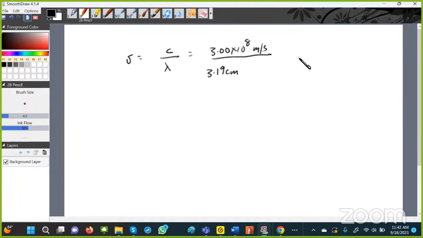If you go to the same table I showed you, centi is the same thing as 0.01, I'm sorry, not 0.1. So centi would be 0.01 meters. So you're going to put 1 centimeter down here because you want the centimeter units to cancel out, and you're going to put 0.01 meter above.